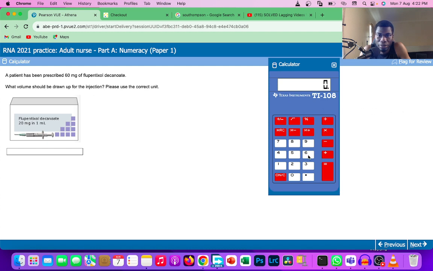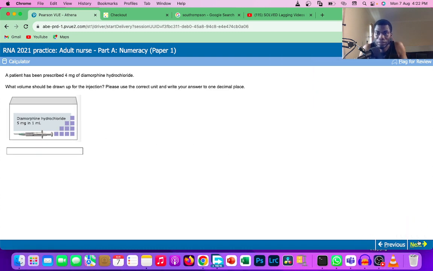So 60 times 1 mil will still be 60. Then we divide it by what? 20. We are going to get 3 mil. So 3, leave a space. We type our small m and then our capital L. And then go on. So we've done 10 questions within 10 minutes.